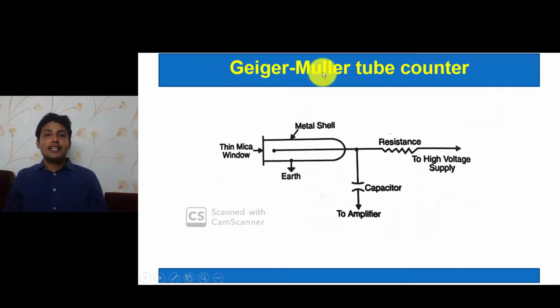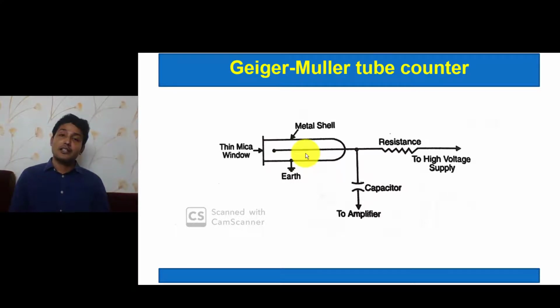Another method is the Geiger-Müller tube counter, also known as the GM counter. Here, in this cylinder, argon gas is filled. Argon is an inert gas. Because of radiation, this argon gas is ionized into Ar+ and an electron.